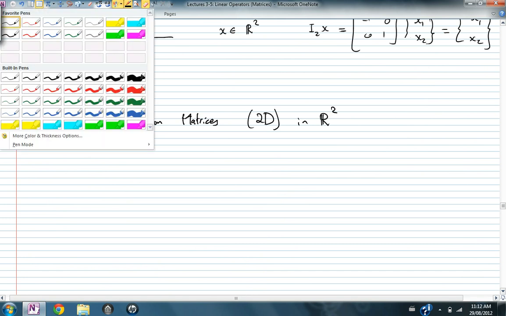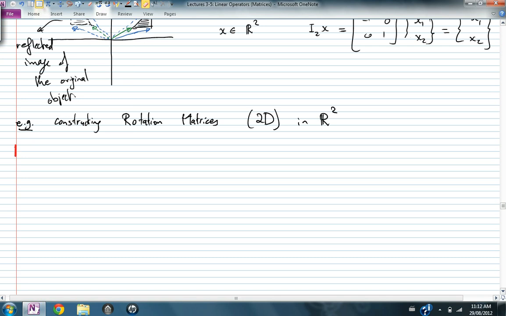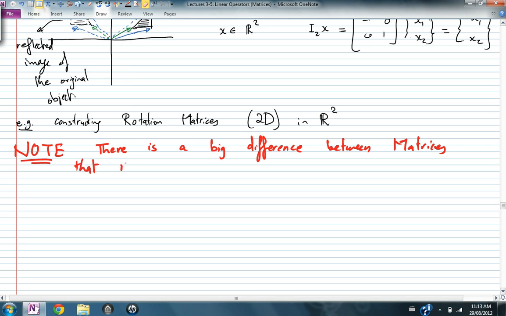Note, I'm going to write it in red. Thick note, there is a big difference between rotating matrices, or matrices that rotate vectors, and matrices that are used for change of basis.